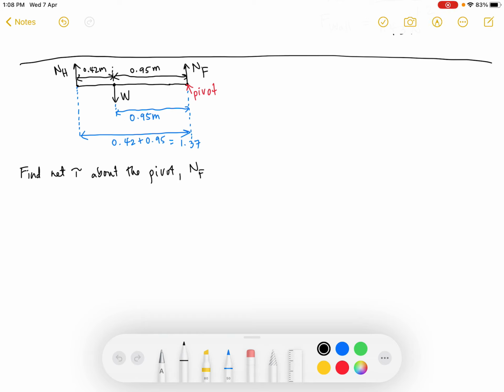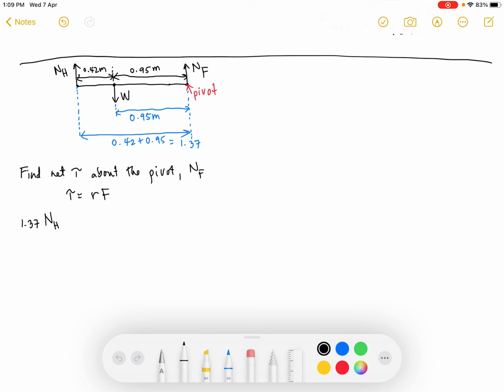Recall the torque is equal to lever arm times the force. So let's consider the force NH. NH has a lever arm of 1.37. So considering the force NH, the torque will be 1.37 times NH.